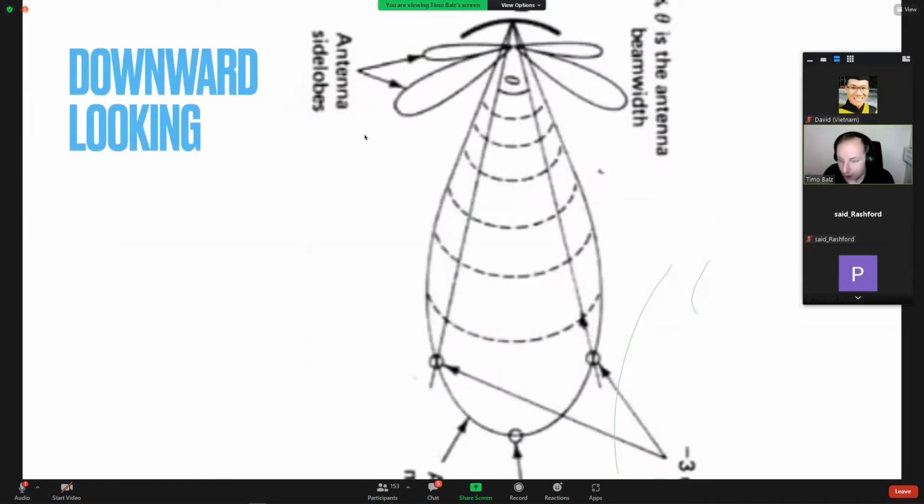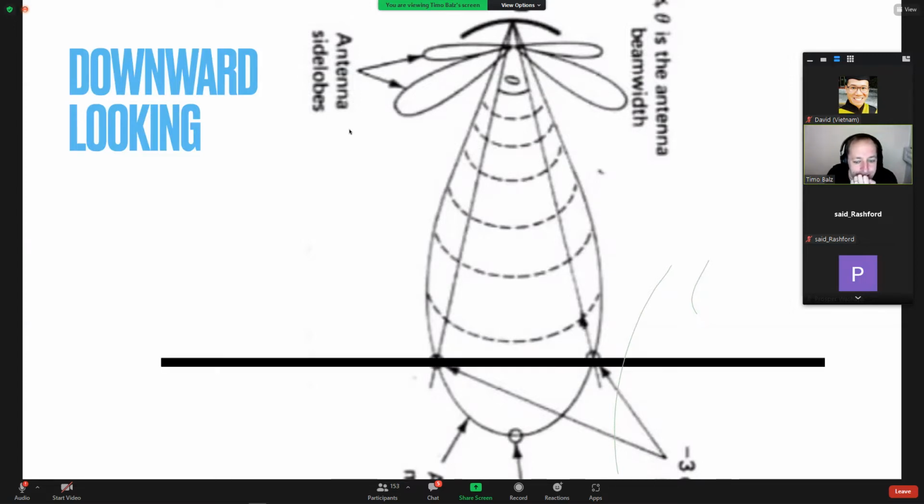If you're now looking downward, we would put that radar beam in nadir direction. Let's assume that that black line is the ground. And what now happens is that at these 2 points, they have the same distance to the sensor.